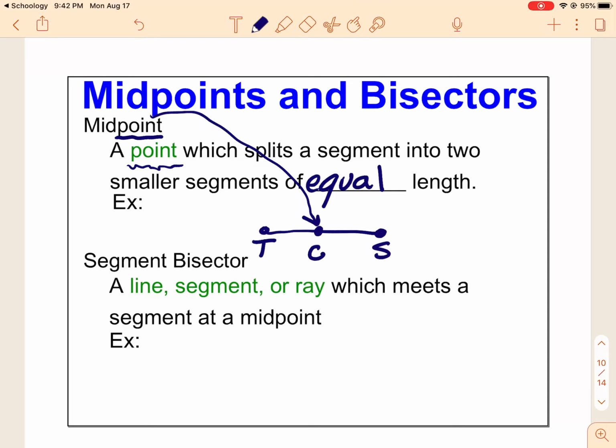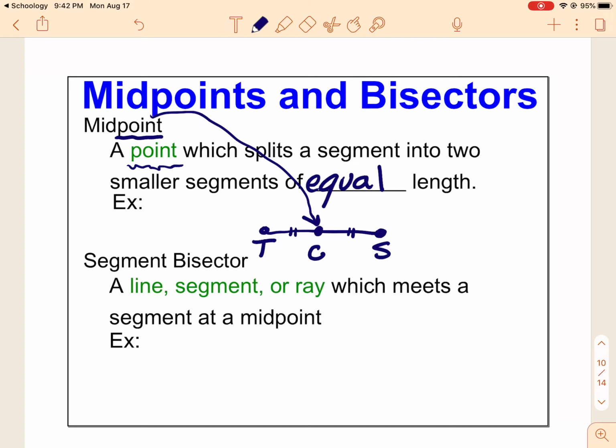And the way we would say that they're equal parts is we would give them some sort of little symbol that's the same. So sometimes you'll see one little tick mark. If this one had 2 tick marks, then you would have to have this one have 2 tick marks, saying that those are both equal segments. So a midpoint is in the middle of that.